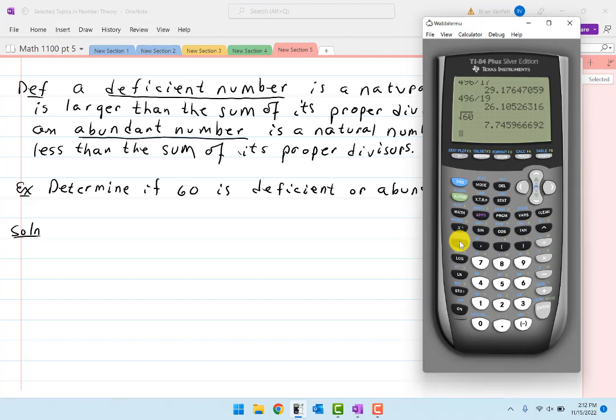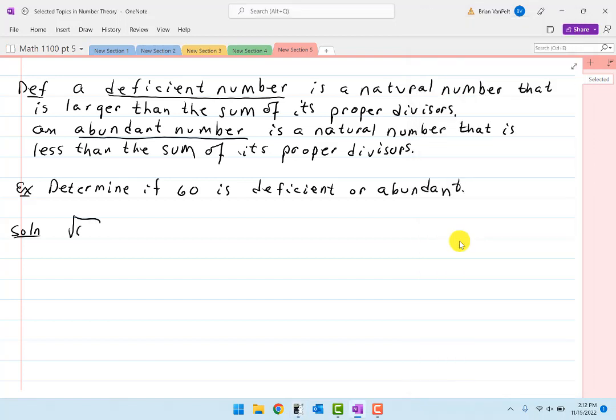I get 7 point something, so the square root of 60. So I need to include 1, 2, 3, 4, 5, 6, and 7. Most of these are pretty easy for me to do without the calculator. And then 7 does not go into 60. So it has a lot of divisors for how small it is.